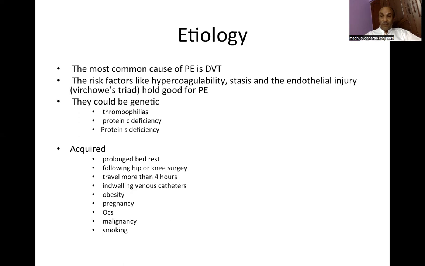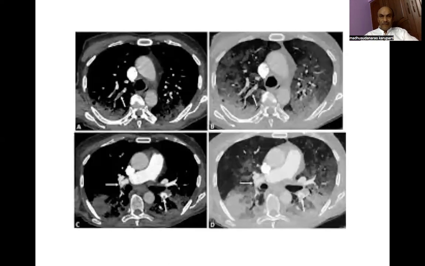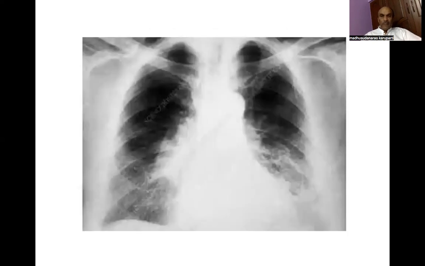Malignancy is one of the most common risk factors for the pulmonary embolism, and chronic smoking. These are some of the risk factors to mention for the deep venous thrombosis, and subsequently, the cause for pulmonary embolism. This is the CT chest with the pulmonary embolism. This is the X-ray chest showing the presence of atelectasis in the bases.